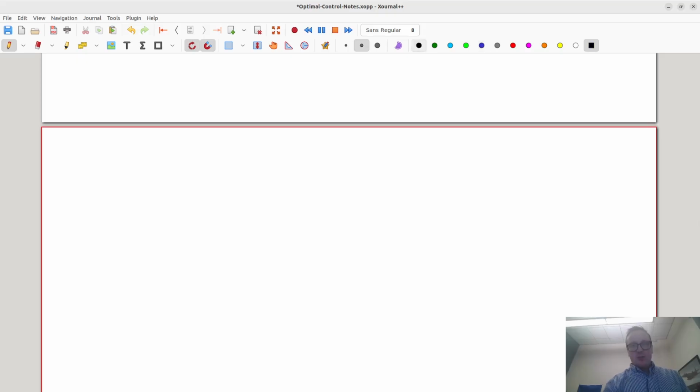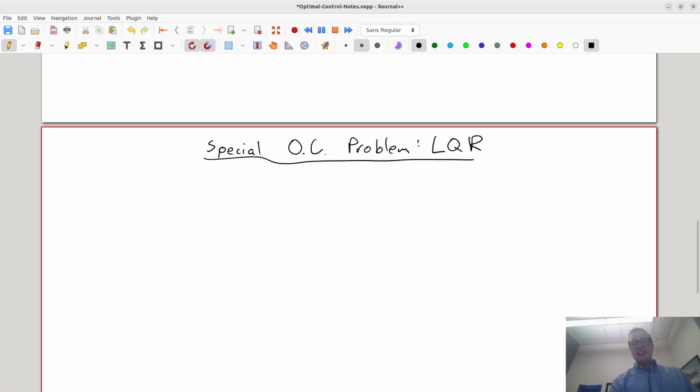This is a very special optimal control problem, and it is the link between linear controls and optimal controls. It's called linear quadratic regulator because the dynamics are linear, and the cost function is quadratic.